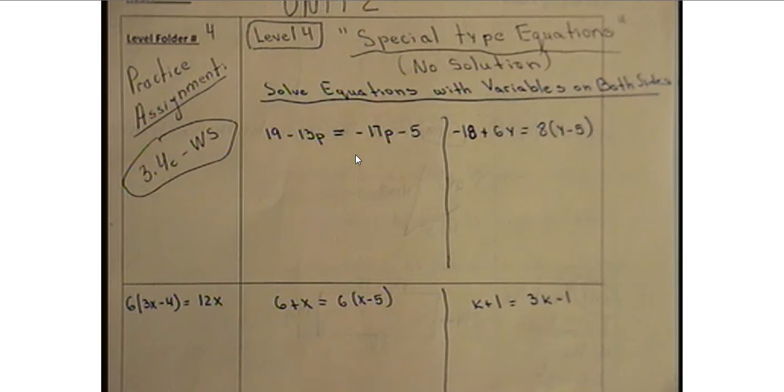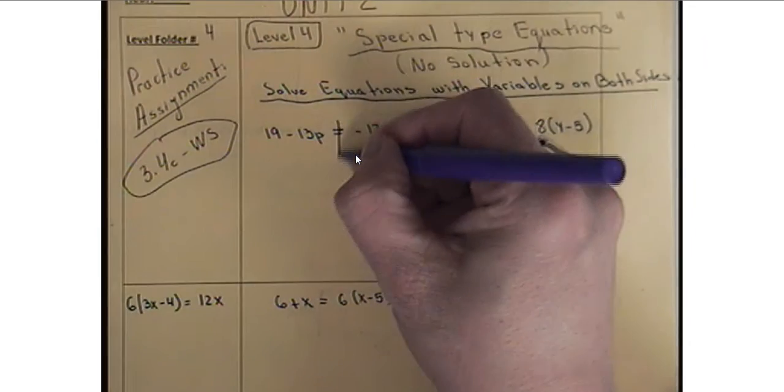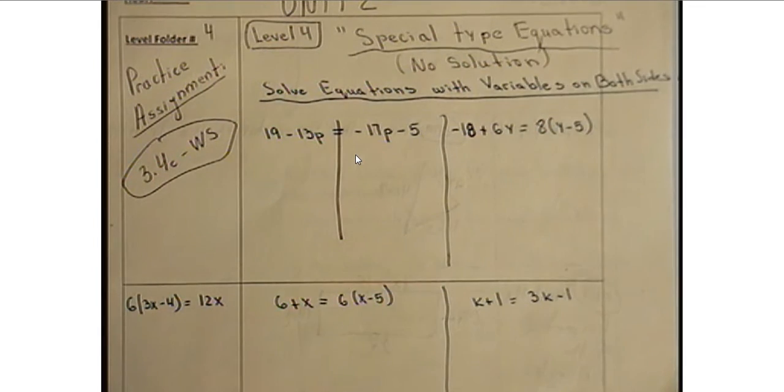We have 19 minus 13p equals negative 17p minus 5. Okay, well, so far we've been solving equations with 1 step, 2 steps, and some variables. So let's take a look at what we have here. First thing, in order to solve these equations, we want to combine everything that is possible.